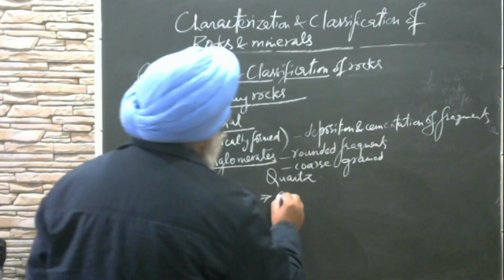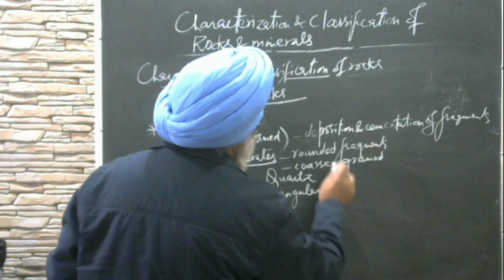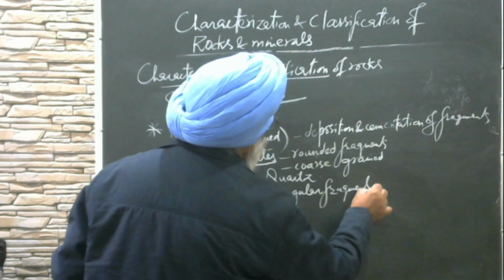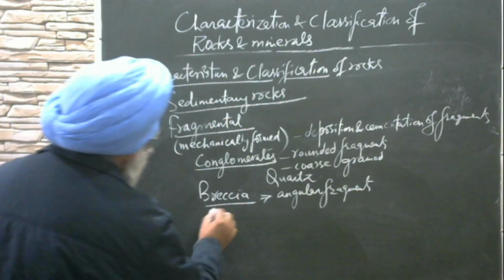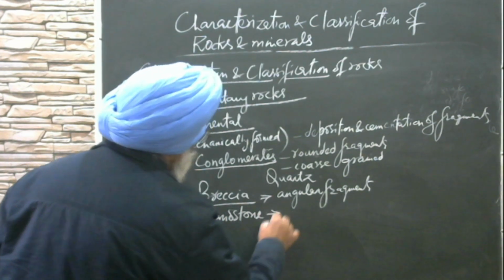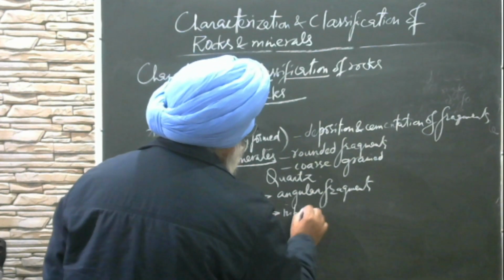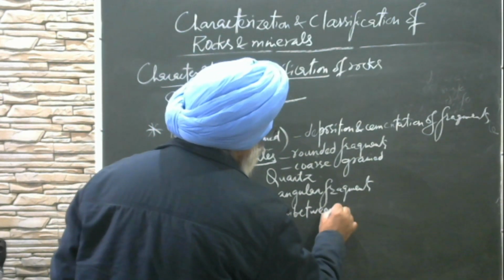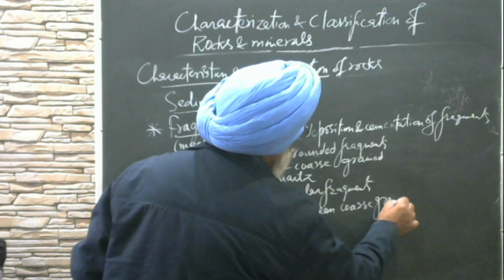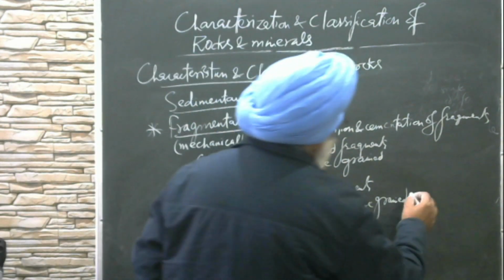These are rounded fragments, these are angular fragments. Then after breccia we have sandstone. Sandstone is in between the coarse grain and fine grained shale.